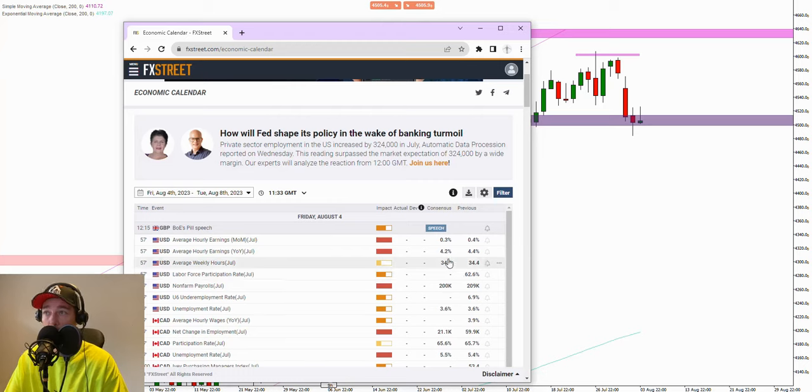So pay attention to this figure today, because if it were to be even lower than this and everything else is the same, it'll be quite negative for the US dollar. But at the minute, the way it is, it doesn't seem like a very eventful news, because everything seems to be pretty much the same.